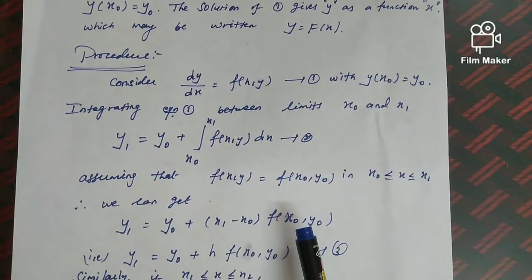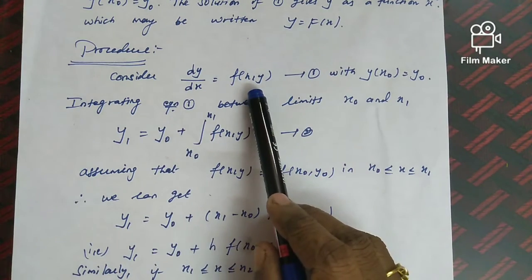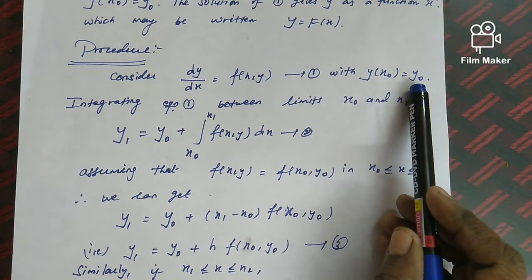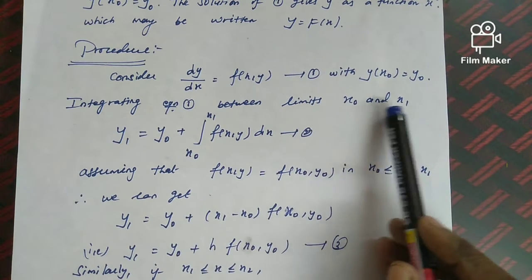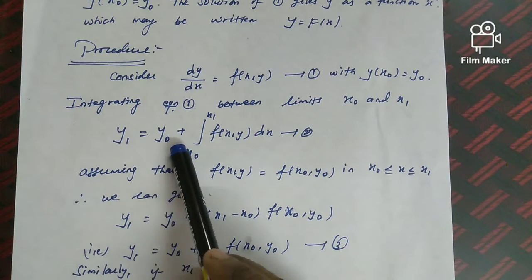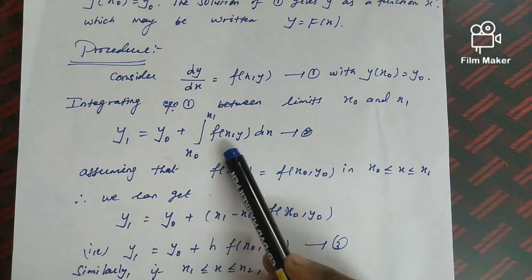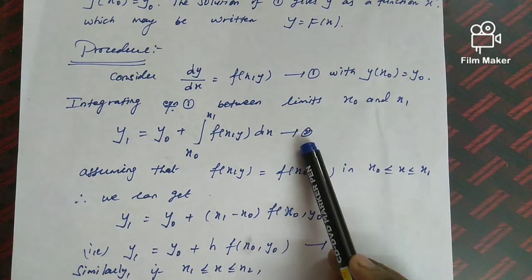The procedure is: consider dy by dx equal to f of x, y with y of x naught equal to y naught. Integrating equation 1 between limits x naught and x1, therefore y1 equal to y naught plus the integral from x naught to x1 of f of x, y dx. We can call this equation 2.